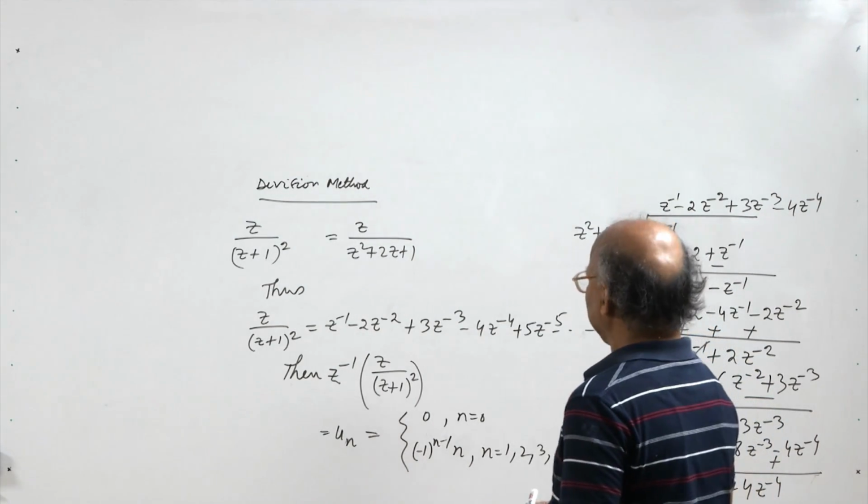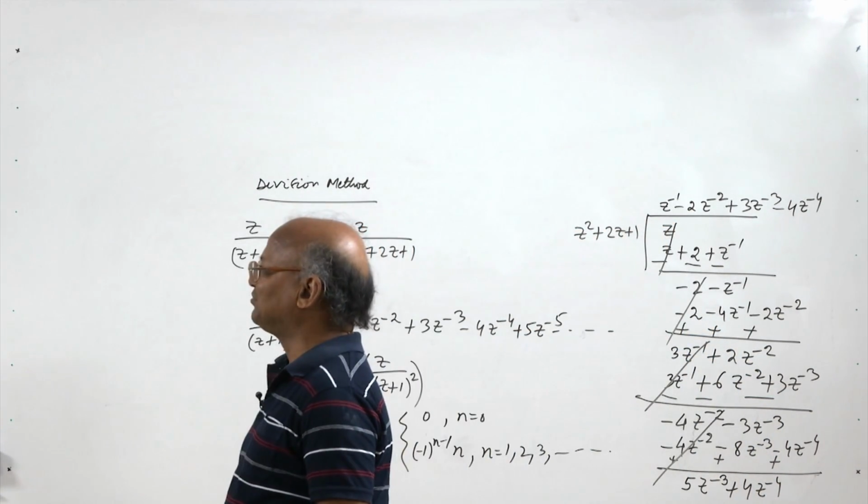So, this is how we get the inverse z transform of z over (z plus 1) whole square.